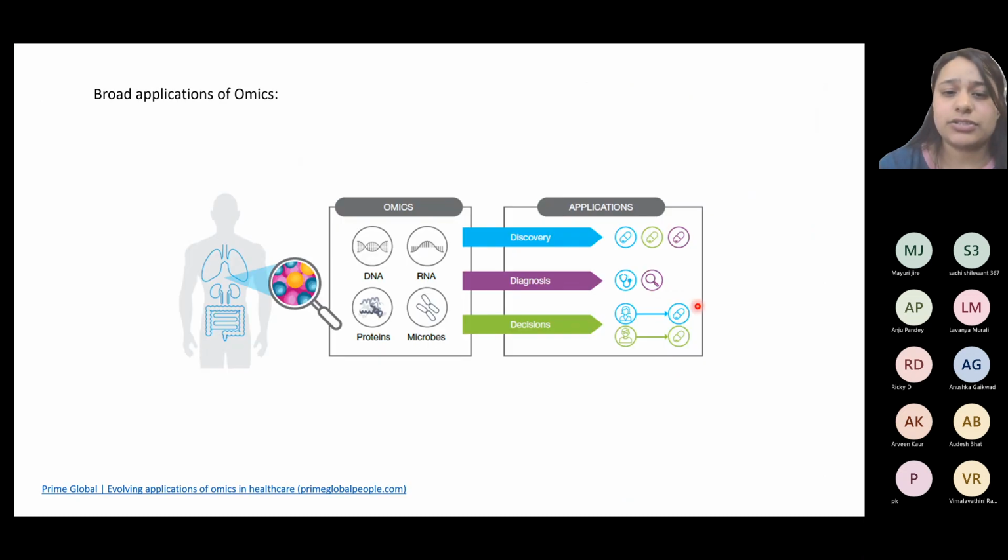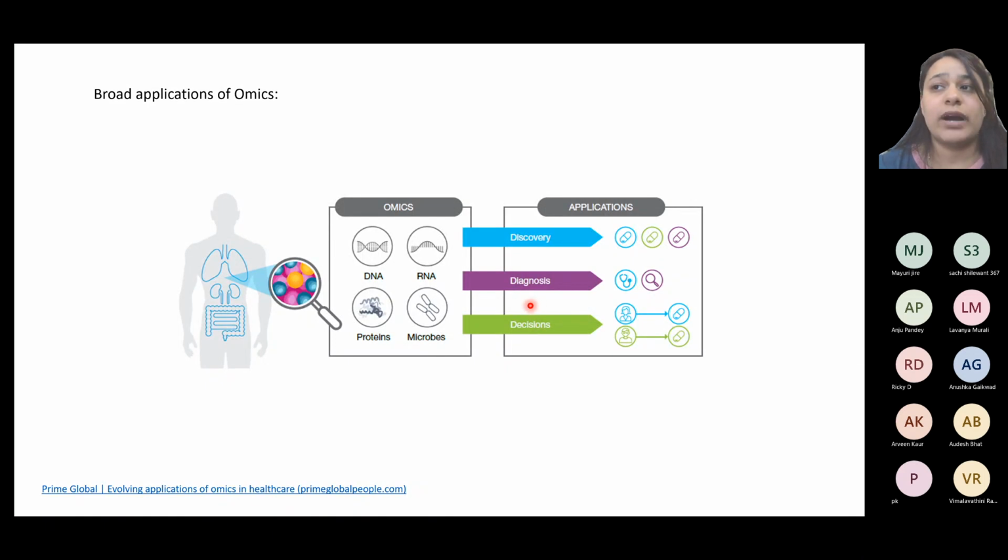And what are the broad applications of omics? It could lead to the discovery of certain new genes or mRNAs or metabolites that are involved in a particular disease, right? It could lead to better diagnosis. How?